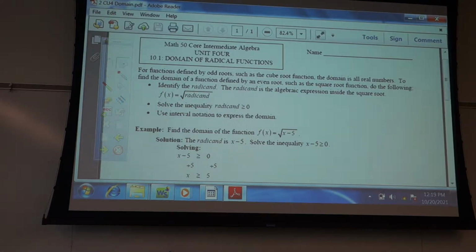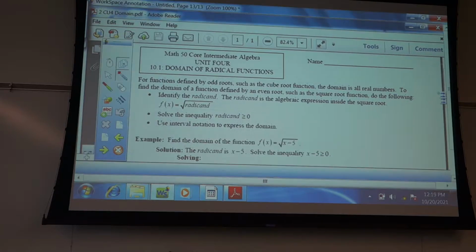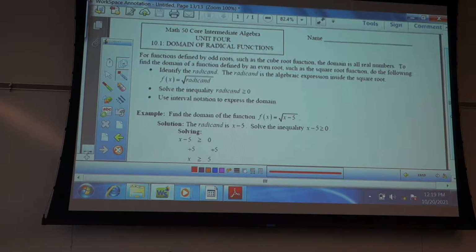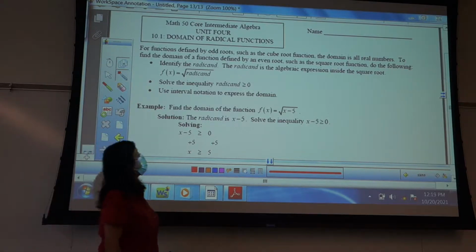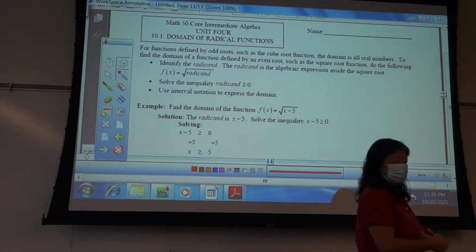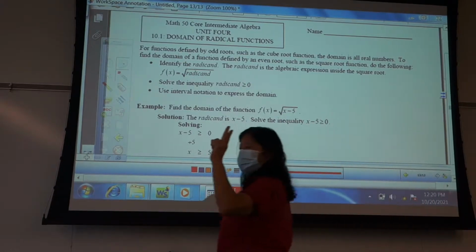All right. So here we have domain of radical functions. Let me simplify this for you. Bottom line is this. There are two things you can never ever do.